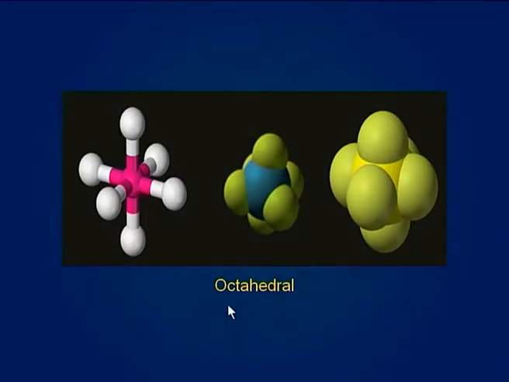Here is an example of octahedral geometry. In octahedral geometry, there are 4 equatorial bonds and 2 axial bonds with bond angle 90 degrees. Here also the ligand metal ligand bond angle is 90 degrees. The hybridization involved in octahedral geometry is d2sp3 or sp3d2.